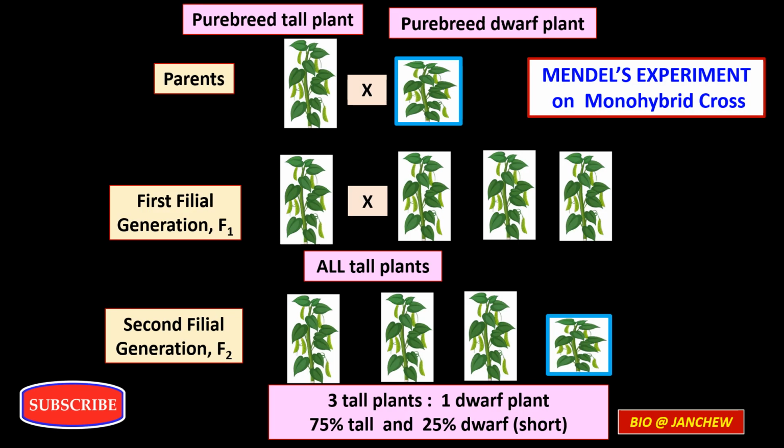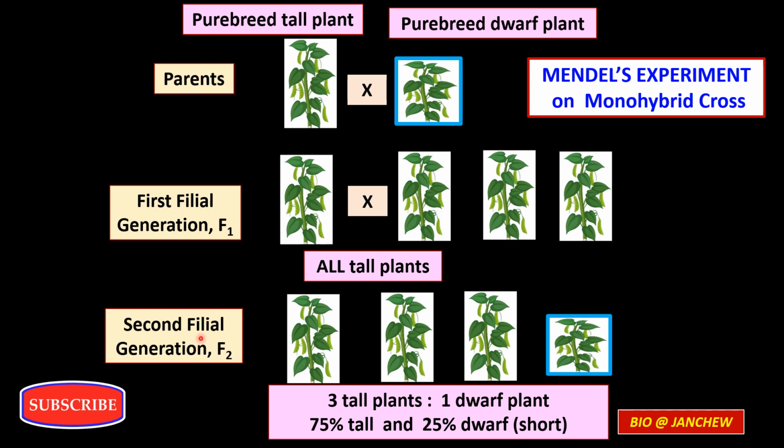This diagram shows Mendel's experiment in picture form. Parents: purebred tall plant crossed with purebred dwarf plant. In the first filial generation, the F1 generation, all the offspring produced are tall. Next, Mendel crossed the tall plants in the first filial generation among themselves.